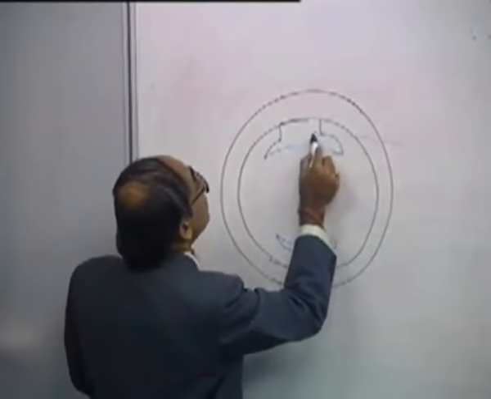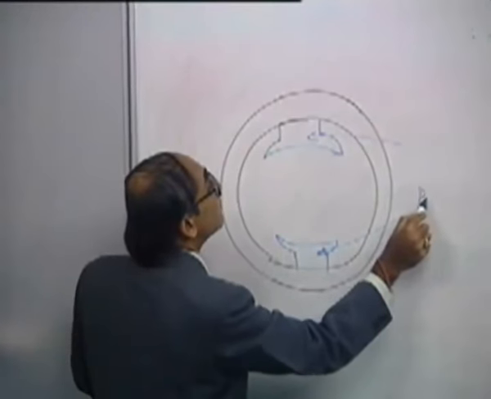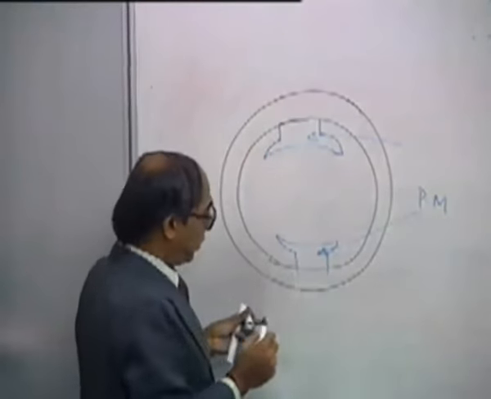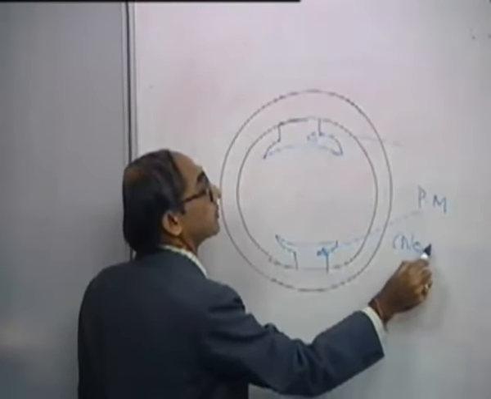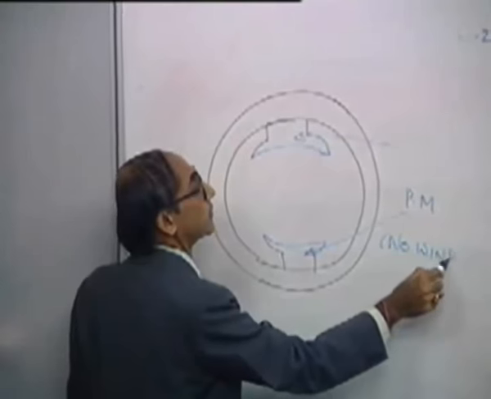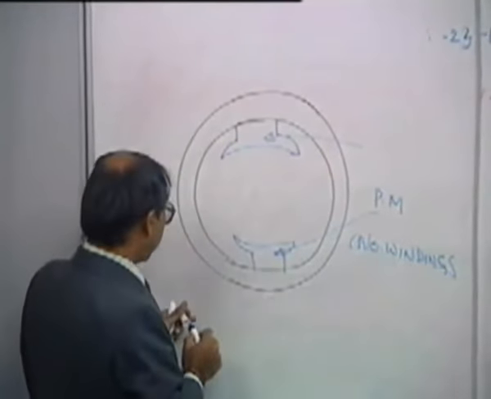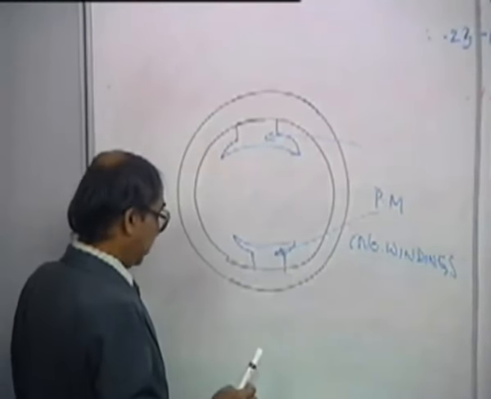So these are the permanent magnets. Of course, it may have different shapes, but there are no windings. And of course, we have the usual rotor, which is the armature.